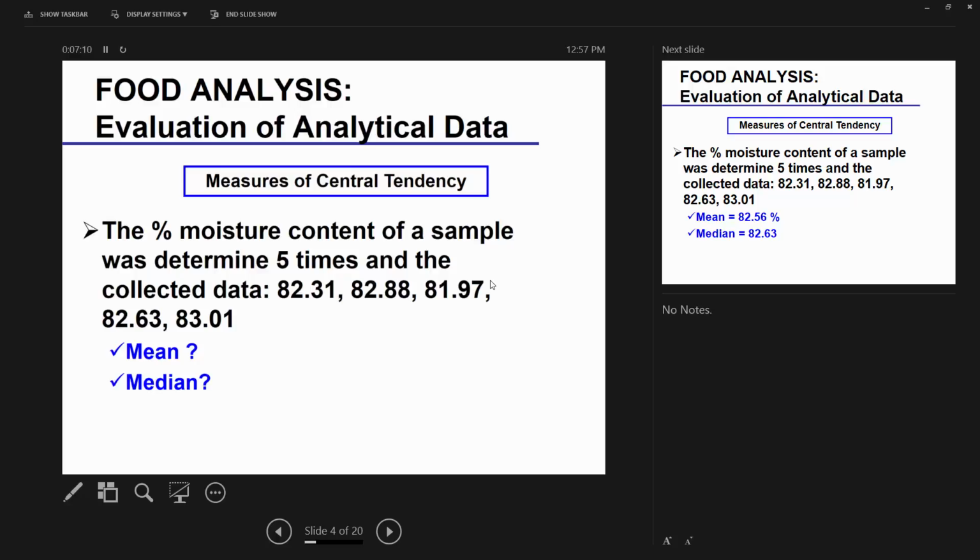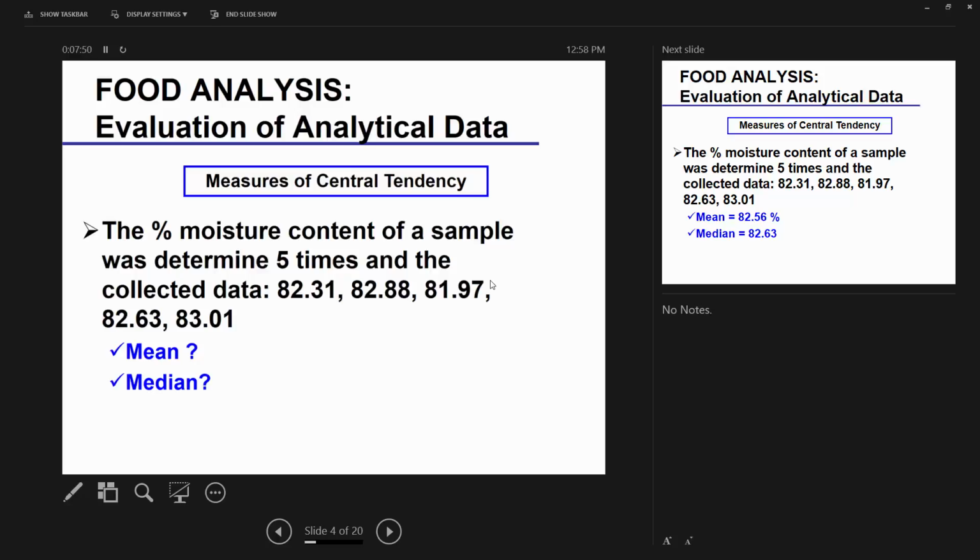Okay, so here you've determined the moisture content of a sample, and you measured the moisture content 5 times. You had 5 replications. So determine the mean and the median. You can use calculators, obviously.